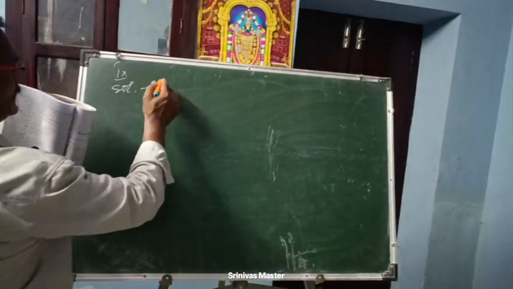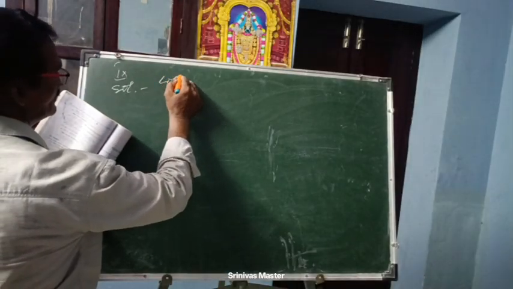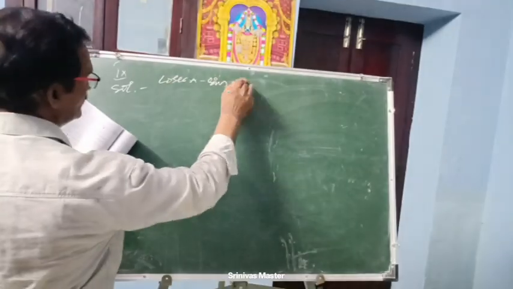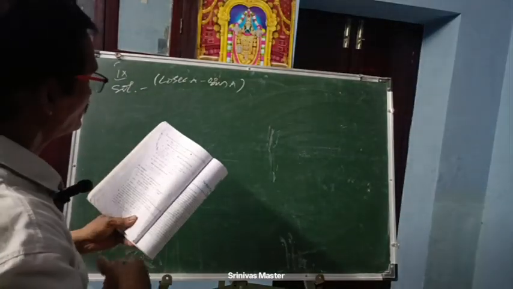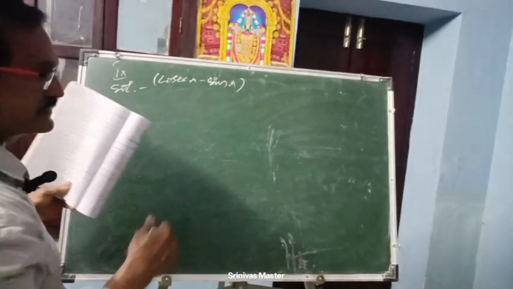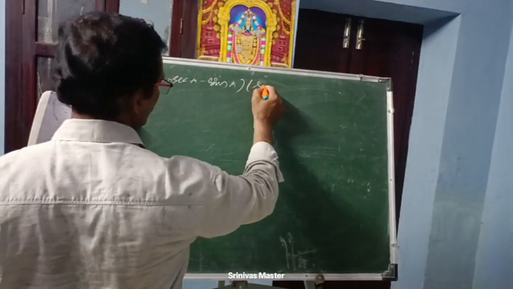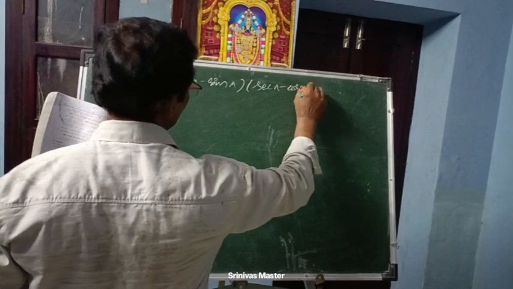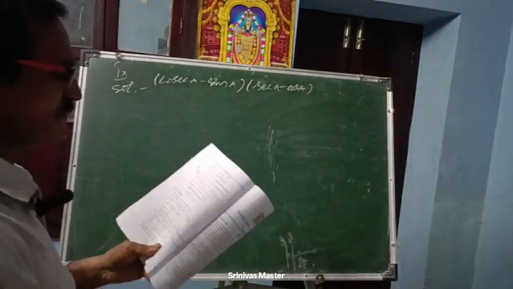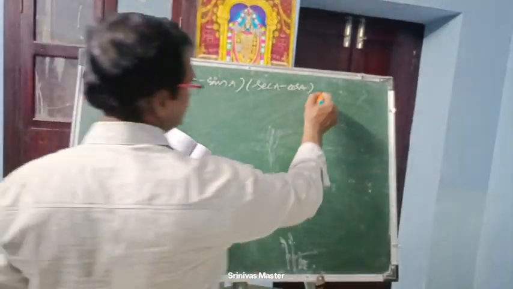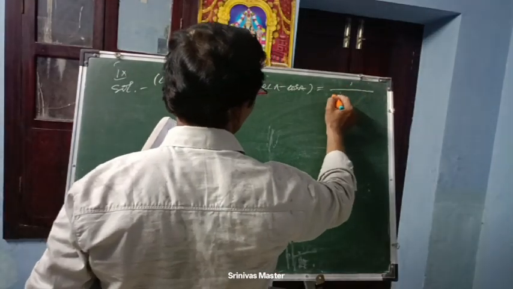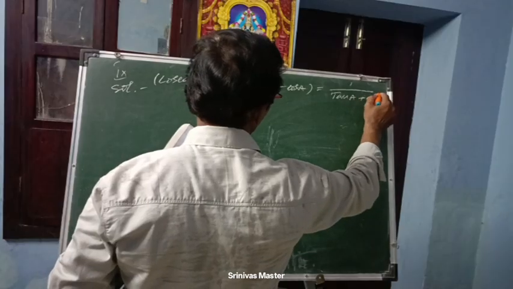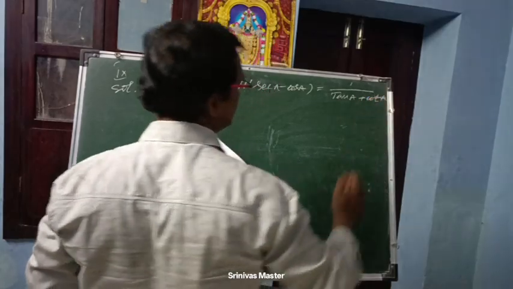Cosec A minus sin A, be careful, cosec A minus sin A into sec A minus cos A, sec A minus cos A. It is equal to what? 1 by tan A plus cot A. Right.